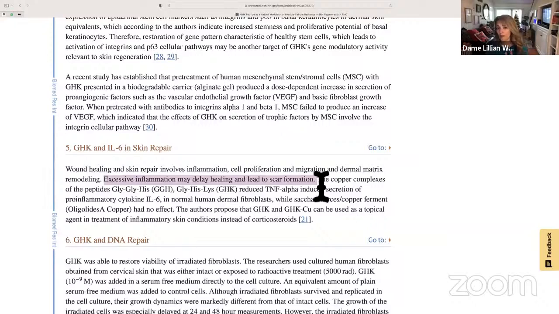Now, this is the cool thing with our stem cell activation patches. They are designed in such a way that because they work systemically, they will replace scar tissue. I was just talking to somebody earlier today about how their scar tissue is significantly less since they started on the stem cell activation patches.